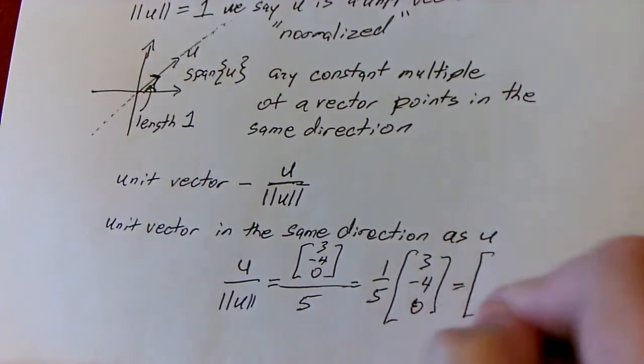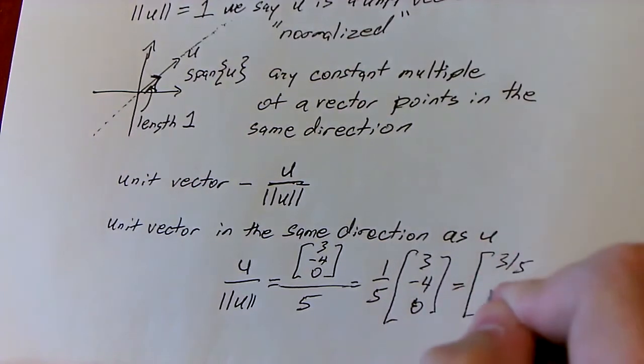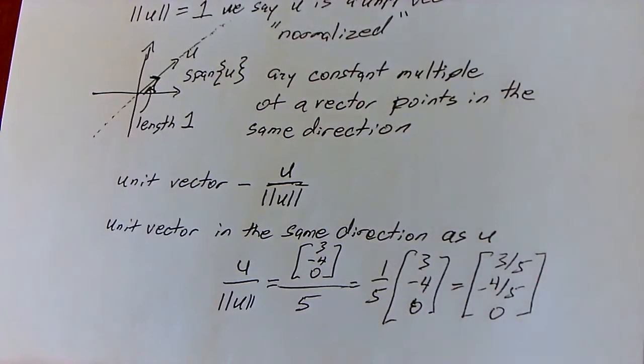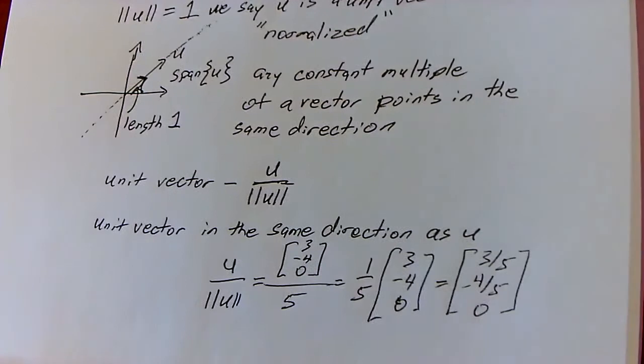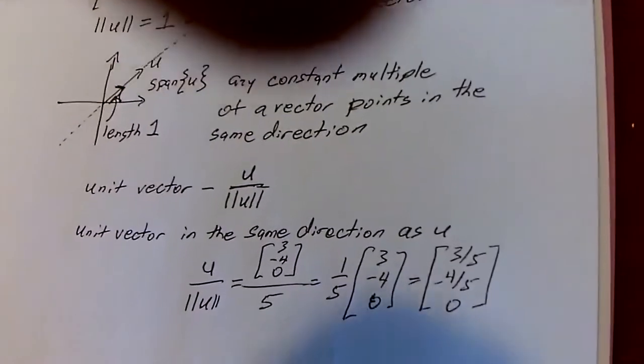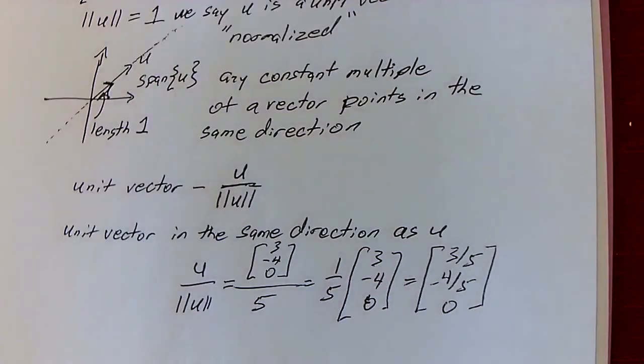So 3 times a fifth is 3/5, -4 times a fifth is -4/5, and 0 divided by 5 is still 0. So to find a unit vector, I merely need to divide it by its norm.